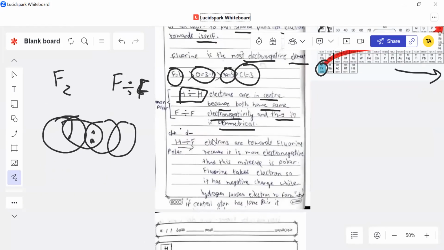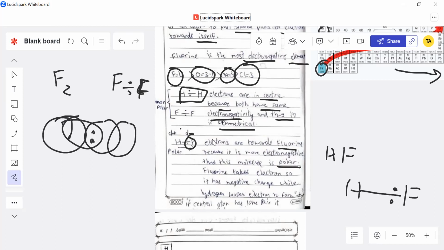In this case, when I form HF or hydrogen fluoride, electrons would be towards the fluorine, because it's more electronegative than hydrogen. So fluorine would pull the electrons towards itself. So in a hydrogen fluorine bond, the electrons would be closer to the fluorine compared to the hydrogen. And because of this, the molecule would become polar.